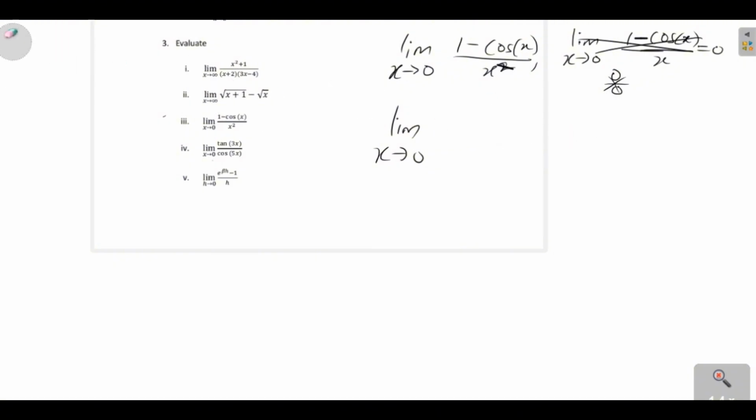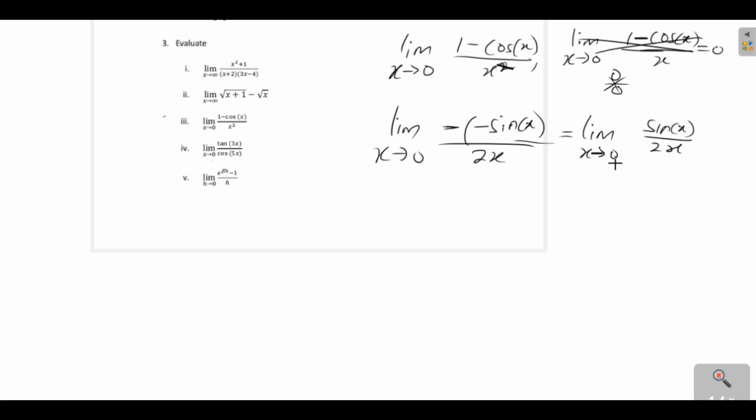Alright, so when I differentiate 1, that will be 0, then minus, when I differentiate cos x, I'm going to get negative sine x, all over, now when I differentiate the denominator, which is x squared with respect to x, I'm going to have 2x, right? And of course, finally, I'll be taking the limit as x approaches 0 of sine x over 2x.